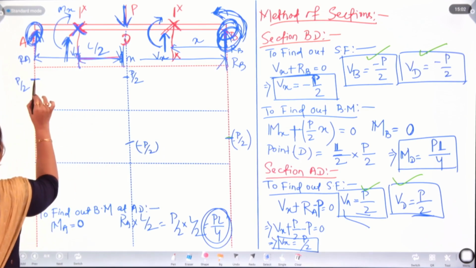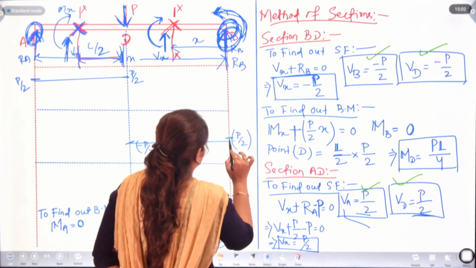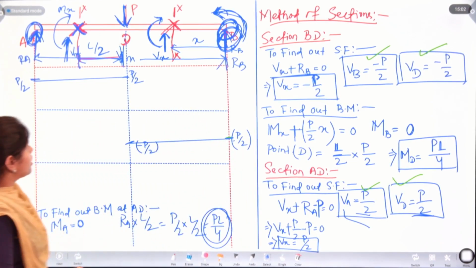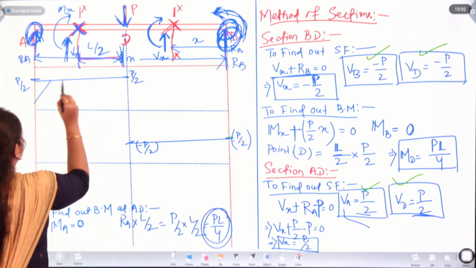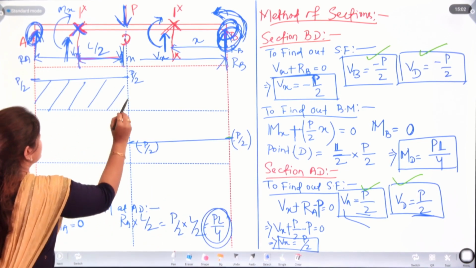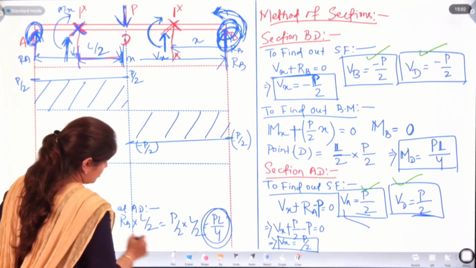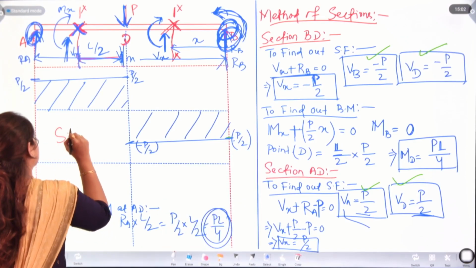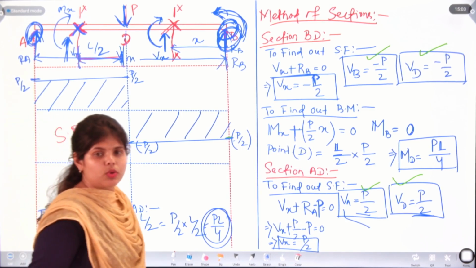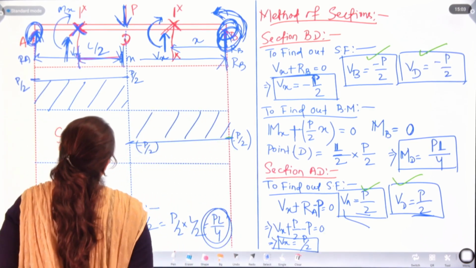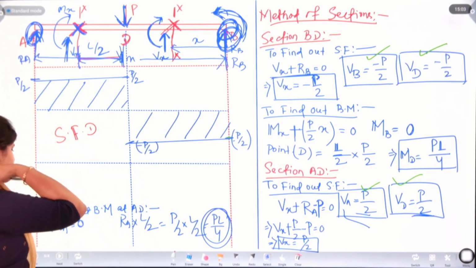Let's join all those points. Okay, so this whole part is your SFD of the action of a point load in the case of a simply supported beam.